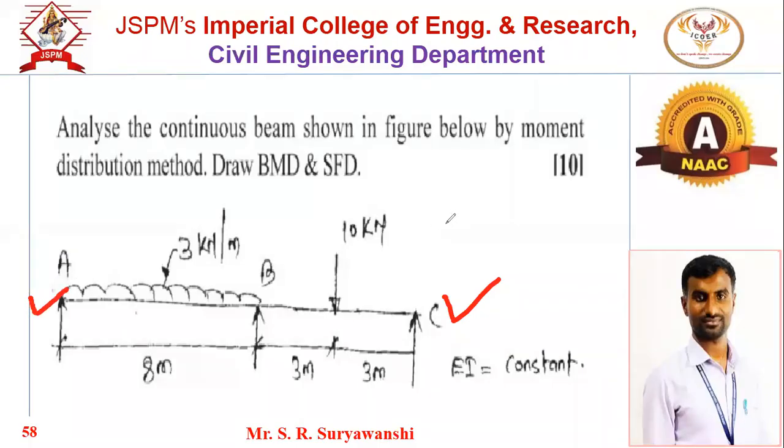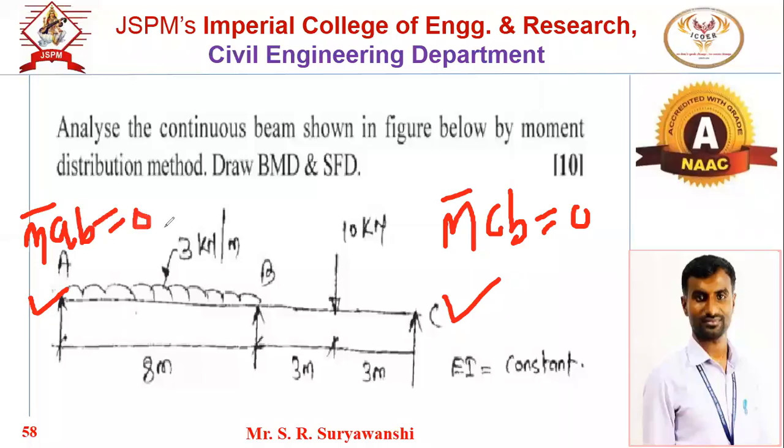In the moment distribution table, M bar CB we make 0 and half is carried over to BC, and at end A, M bar AB also we make 0 and half is carried over to BA. Then we go for the balance step.